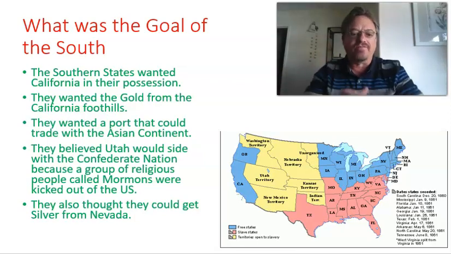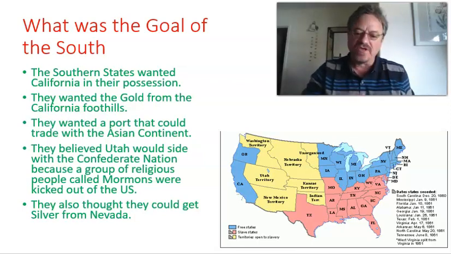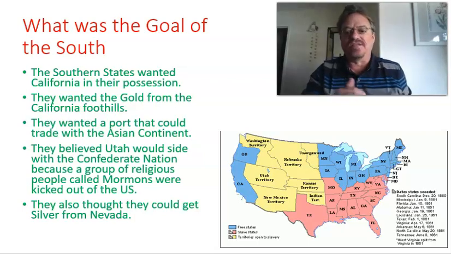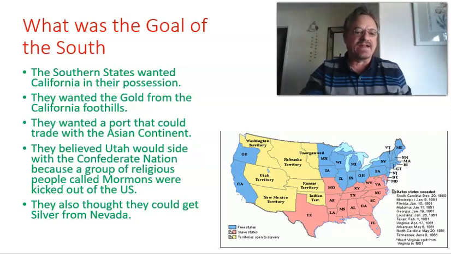They'd have all of this land. Okay, so that's the goal: to come into New Mexico, take Fort Union, go to the gold fields in Colorado, take over the Mormons in Utah, and then move over to Los Angeles and have a coastal port where they could trade with the Asian Pacific Islanders, China and Japan and India and that kind of stuff. Okay, so that's their goal.